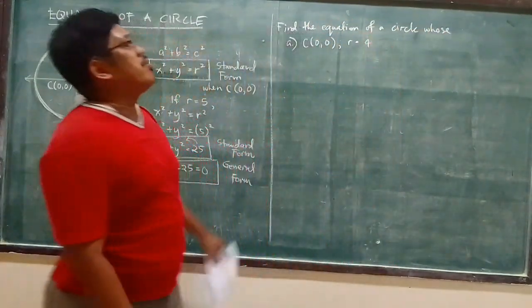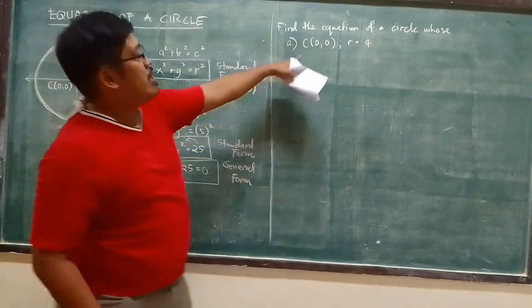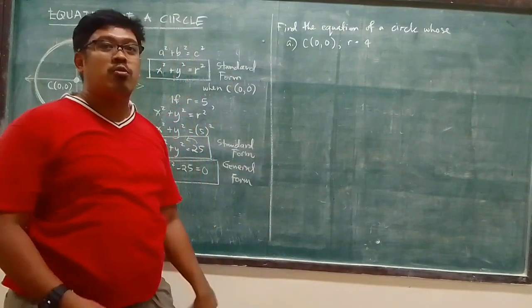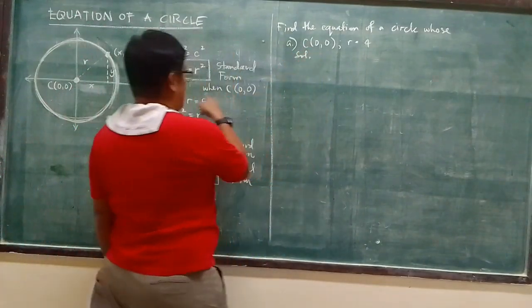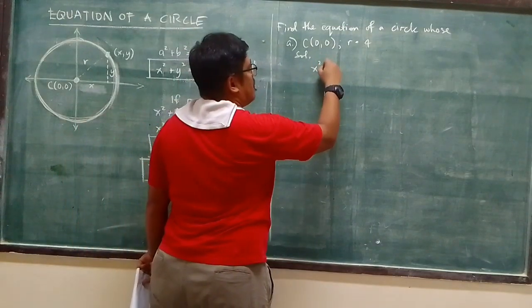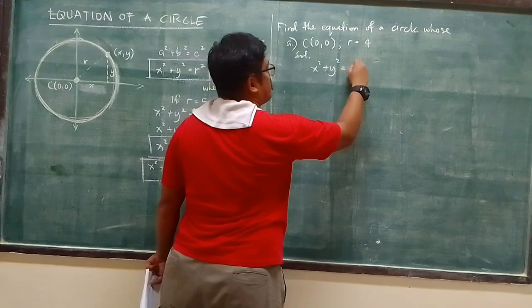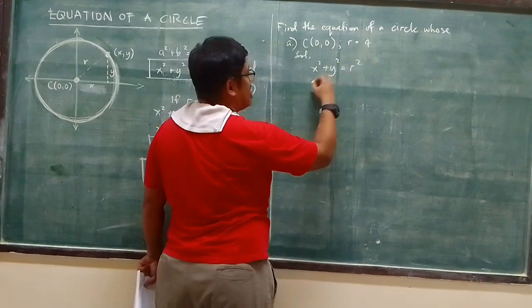Okay, let's have now this particular example here. Let's find out the equation of a circle whose center is at (0, 0) and your radius is equal to 4. So, ang solution na gagawin natin dito is that from your standard form, x squared plus y squared is equal to r squared, you will simply substitute r with 4. Ganun lang siya kadali.